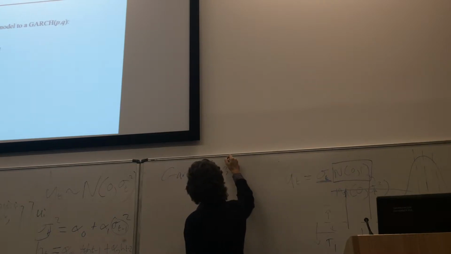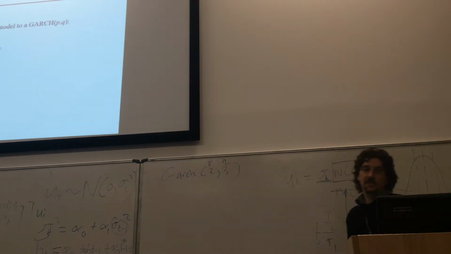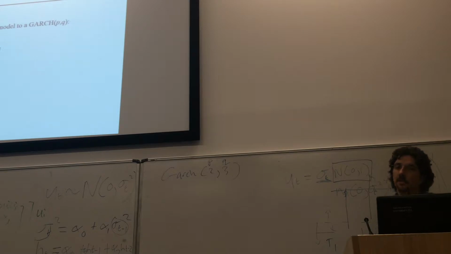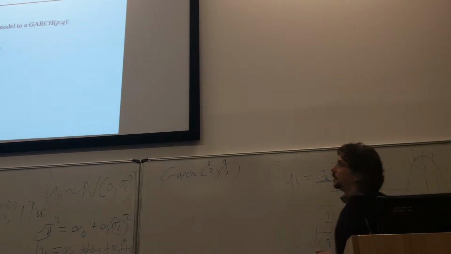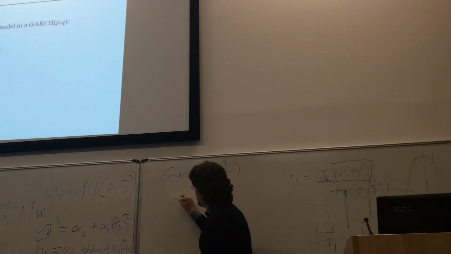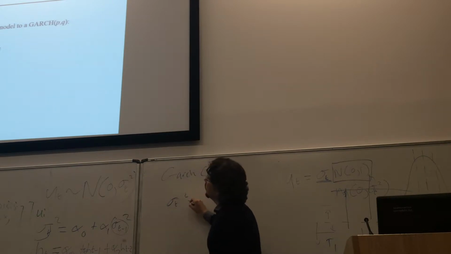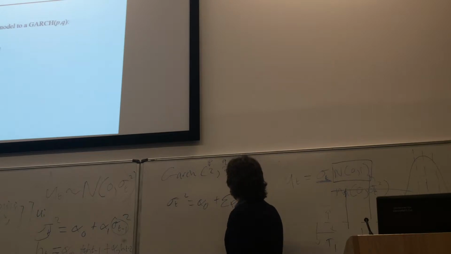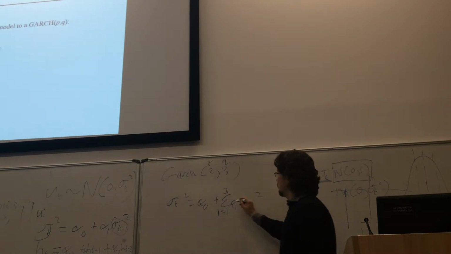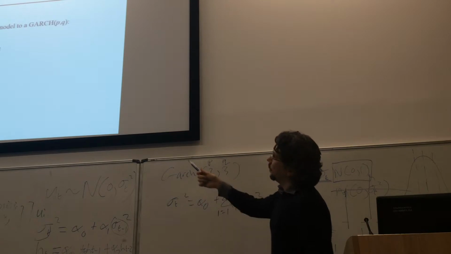This is P and this is Q. So P is 2 and Q is 3. So you have sigma t squared is equal to alpha 0 plus the summation of alpha i times u of t minus i squared from i equals 1 to 3. So you just substitute the 3 for the Q there.